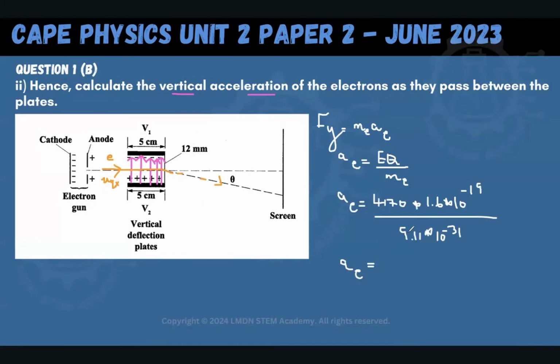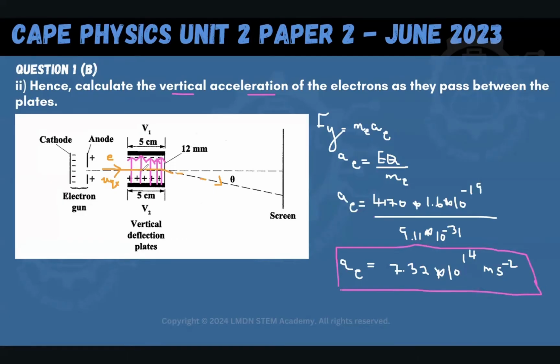When I plug everything into my calculator, I'm coming up with a value of 7.32 times 10 to the 14 meters per second squared, because it's acceleration. So let me box that. This is our answer that we are submitting for the vertical acceleration.